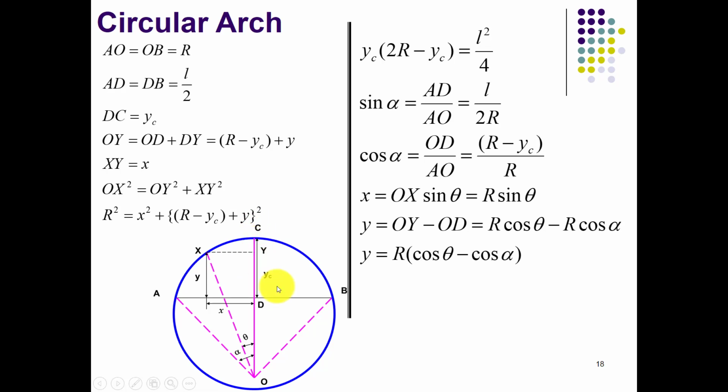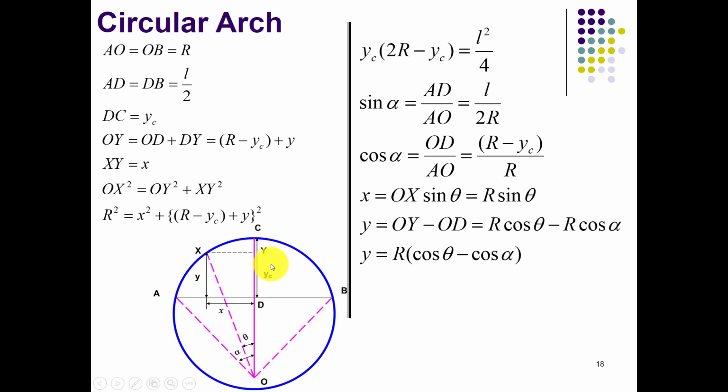Then if we resolve this circular arch into a triangle in order to find the value of the radius, we can write OX, which is the hypotenuse, equals OY whole square plus XY whole square.